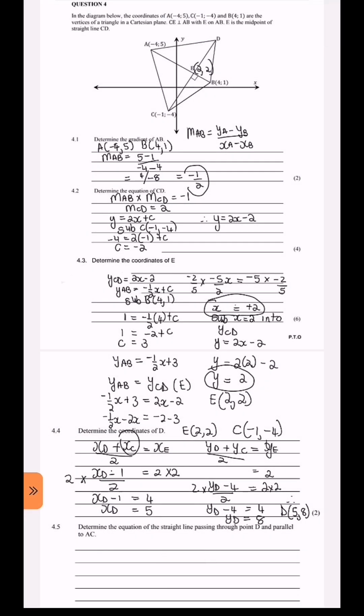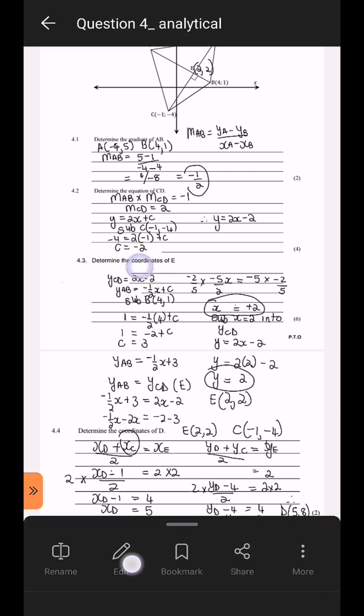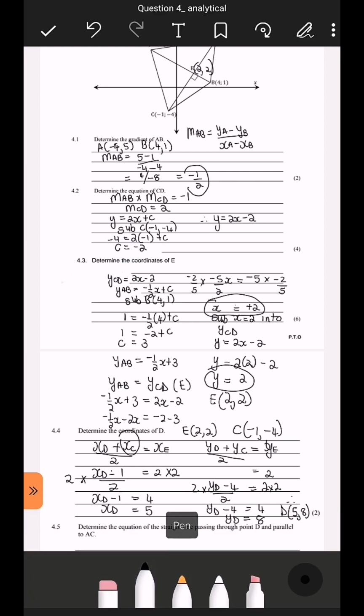Okay, so we're going to look at 4.5, which says determine the equation of the straight line passing through point D and parallel to AC. So if it's passing through D, let's say D starts here going down like this, right?